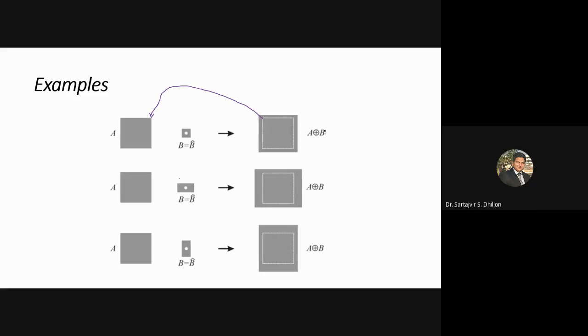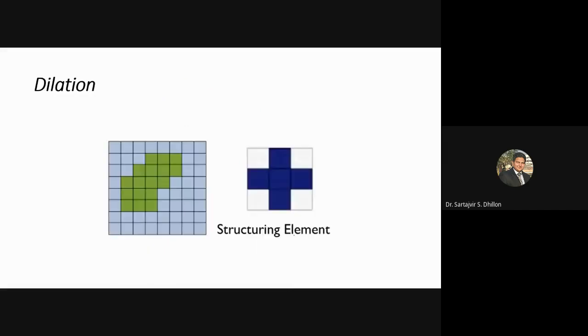When we applied another structuring element, it widened a little bit compared to the input. And when we applied this vertical structuring element to the input figure, the output figure increased in the vertical direction.